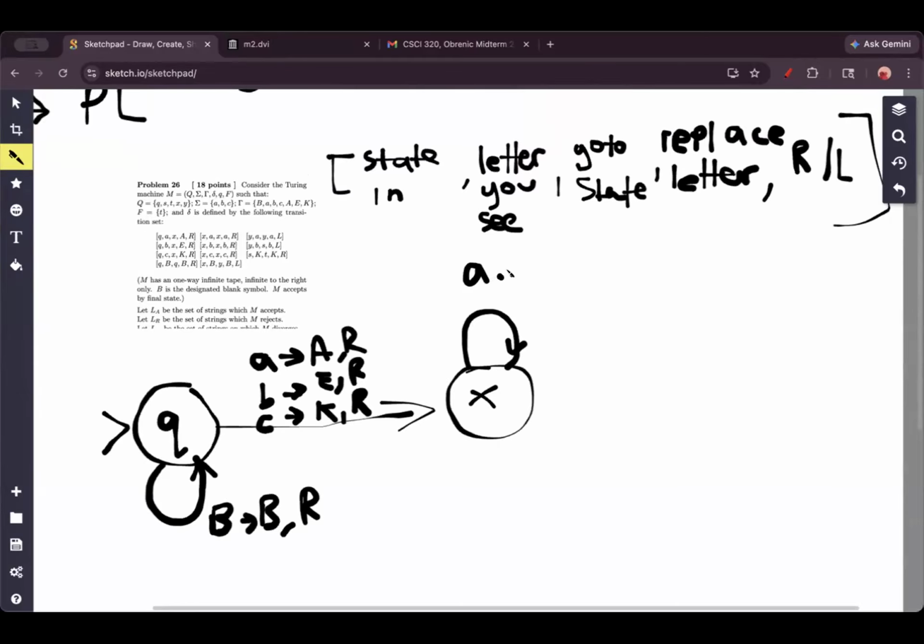So for A, I'm not going to write that it replaces with the A because it's kind of given over here, right? And then I'm just going to say that I turn right. Same with letter B. I see a B, I turn right. I see a C, I turn right. And now I see a blank, I go to state Y. You see?